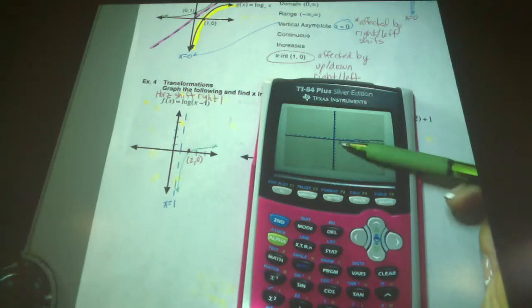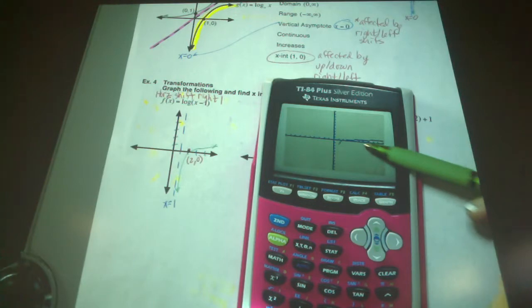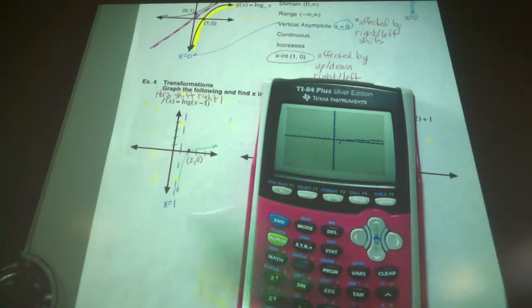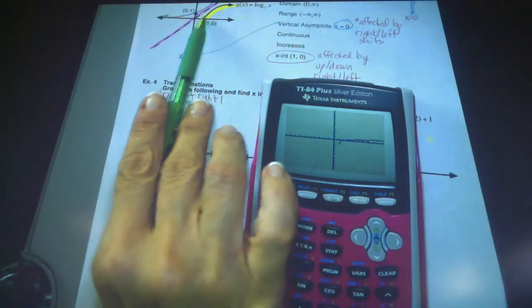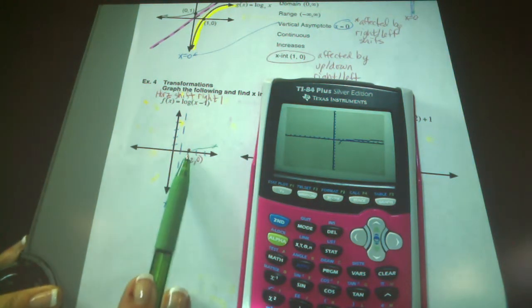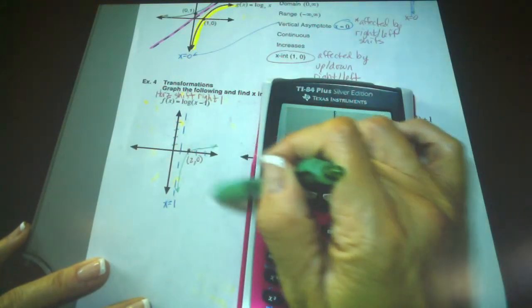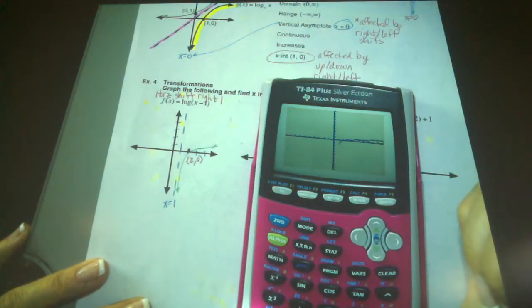No. So because the asymptote and the graph are so close together, it just washes it out. But notice that it is close here. If you drew yours a little further away, like this one is up here, I'm not marking you off for that. I'm looking, do you know where the x-intercept is, and do you know where the vertical asymptote goes, and do you know kind of how it's hugging it? Obviously, if you're going to hug it backwards and do it this way, you're going to get marked off. So you don't want to do it backwards.